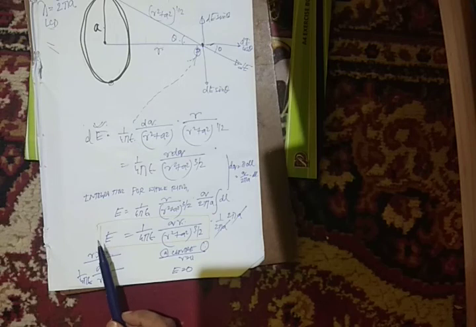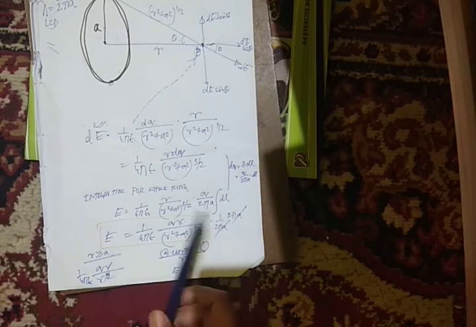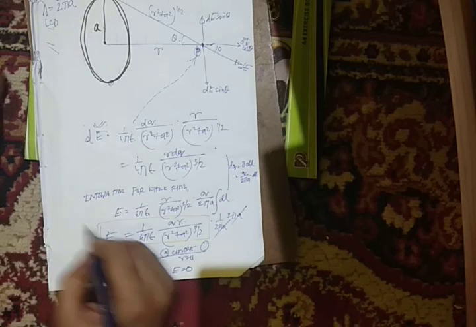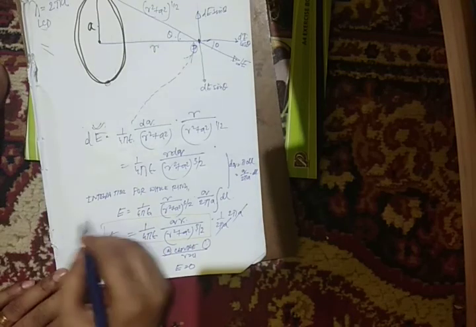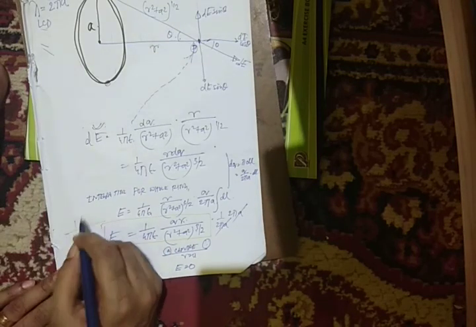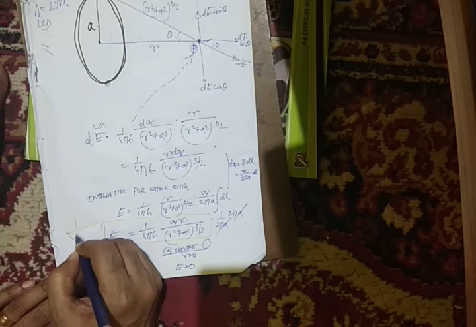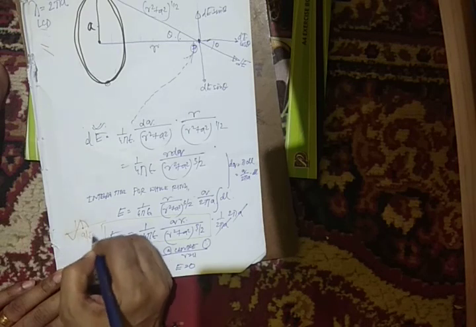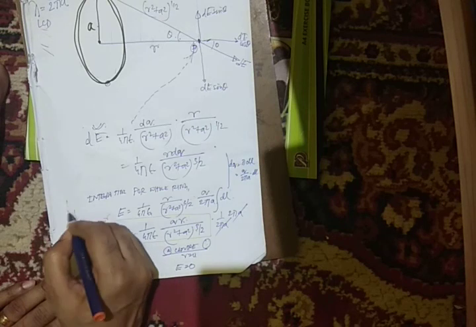If we want to look for some variation, at extreme points from calculus dE by dr will be 0. It has been observed that at a distance r equal to a by root 2, here the field looks like this, this is r, this is E versus r.